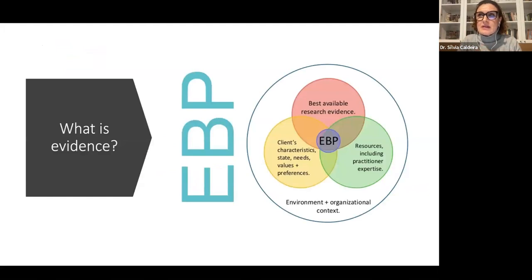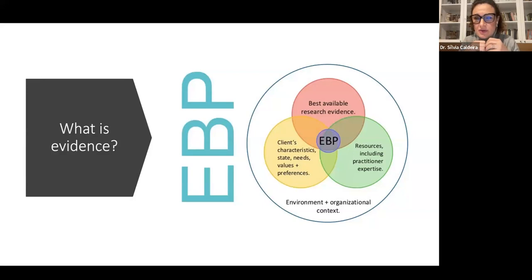And we cannot move away from the discussion on what evidence-based practice is when we talk about the level of evidence. Evidence-based practice has been defined by different researchers, and we know there are 3 dimensions related to the concept. We have the client characteristics, the best available research evidence, but also the resources and the experience and expertise of the healthcare professionals in that clinical context.